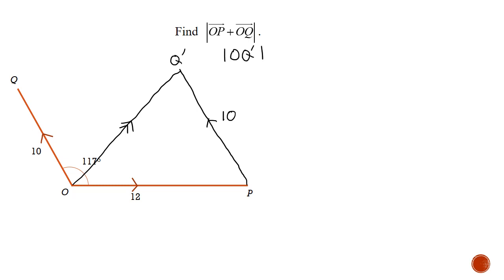And how do we find the resultant vector OQ prime's magnitude? Well, first we have to find this angle here, and we know that angle OPQ prime is simply 180 degrees minus 117 degrees.